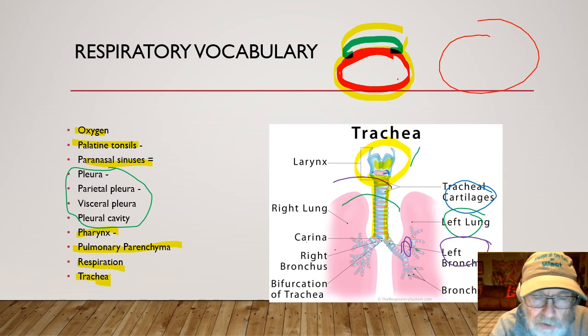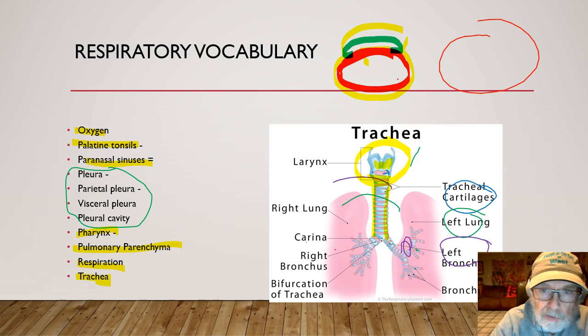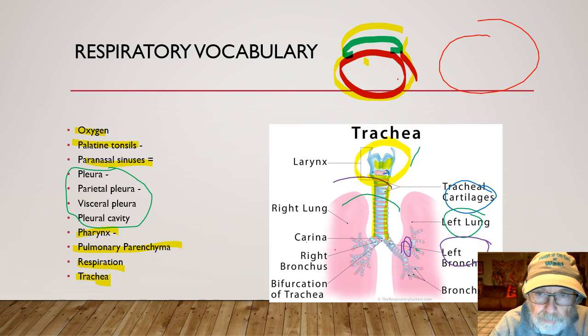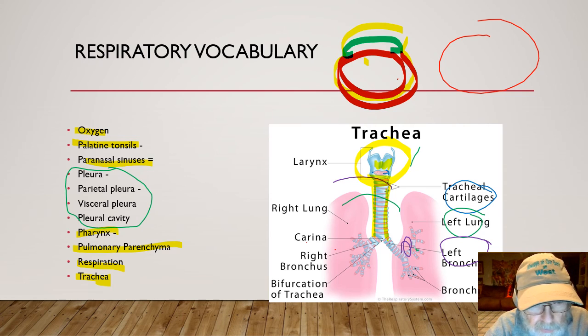But if there's cartilage in there, it's like going down rungs of a ladder, so it's really not very productive. So the cartilage only sits about two-thirds of the way around, until it gets back to the esophagus in the back. Anyway, that's the trachea. The trachea we know is the windpipe.